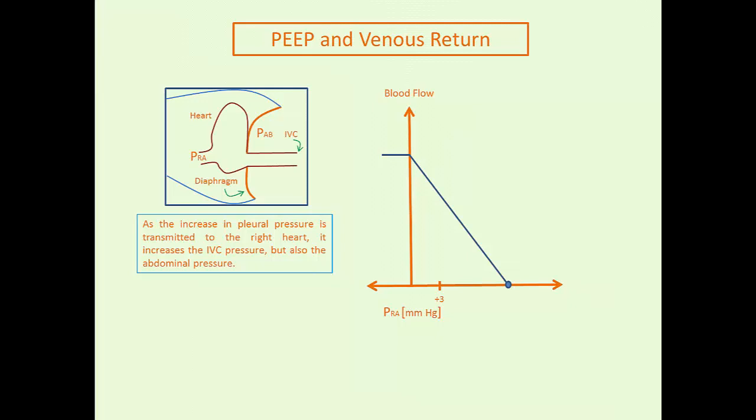The increase in pleural pressure is transmitted to the right heart and increases the IVC pressure, but it also increases abdominal pressure. This is my depiction of increasing the pressure in the right heart, which creates a gradient down the IVC, but it's simultaneously increasing abdominal pressure as the diaphragm descends and the volume of the abdomen is diminished.